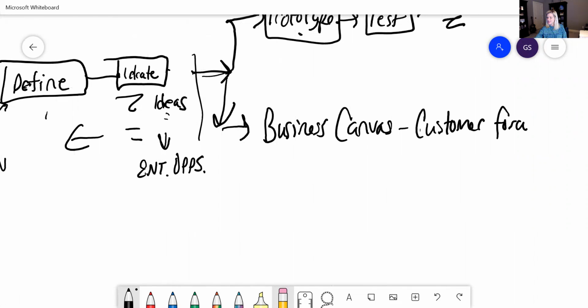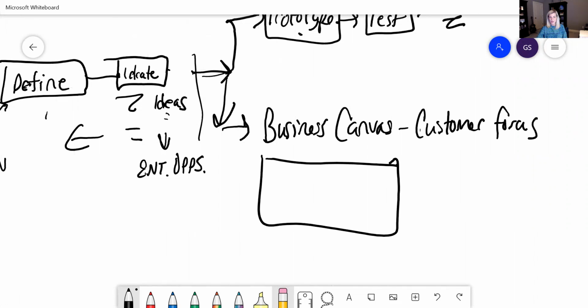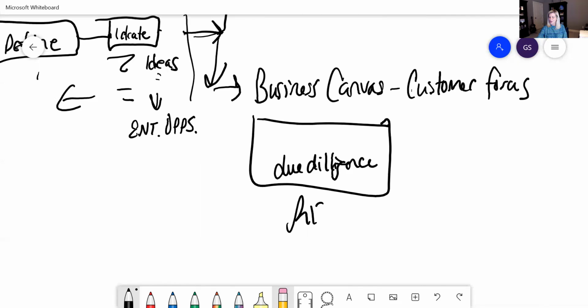So in 386 here, we'll learn how to complete the business canvas and all of the squares that are inside it. This is the due diligence that we need to finish so that we can measure the risk associated with opening this business and decide if we want to go forth or not. So this is everything else that we will cover in 386.